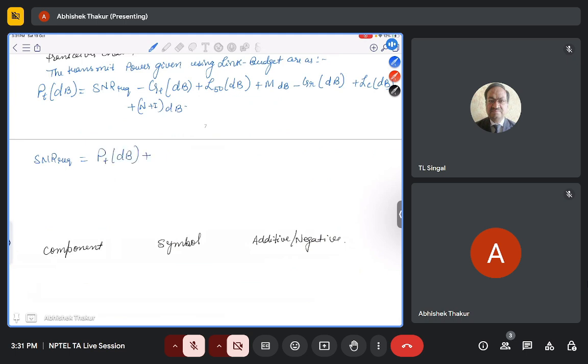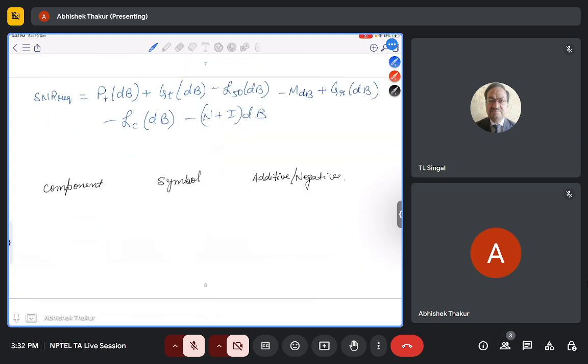So it will become PT dB plus GT in dB minus the median path loss, minus margin loss plus GR minus cabling loss minus noise plus interference power. So all these terms we will write one by one.